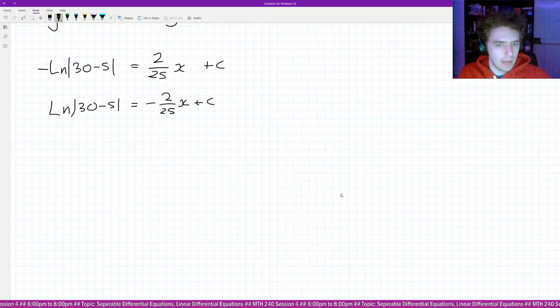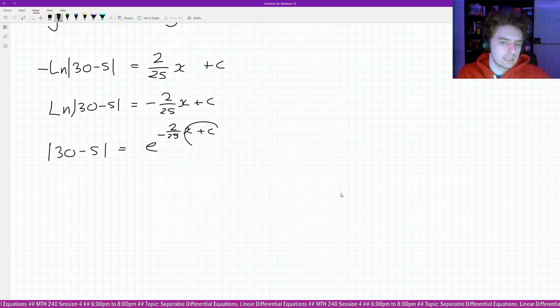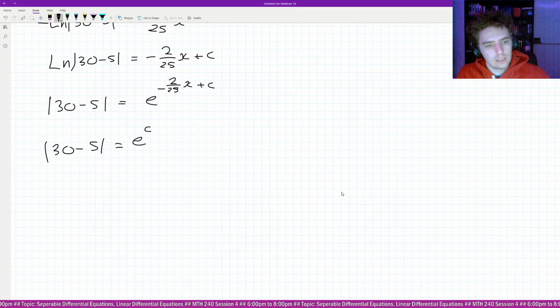Okay, now e to the power of both sides is going to be absolute value 30 minus s equals e to the negative 2 over 25x plus c. The c can come out as another factor, so it's going to be absolute value 30 minus s equals e to the c, e to the negative 2 over 25x.